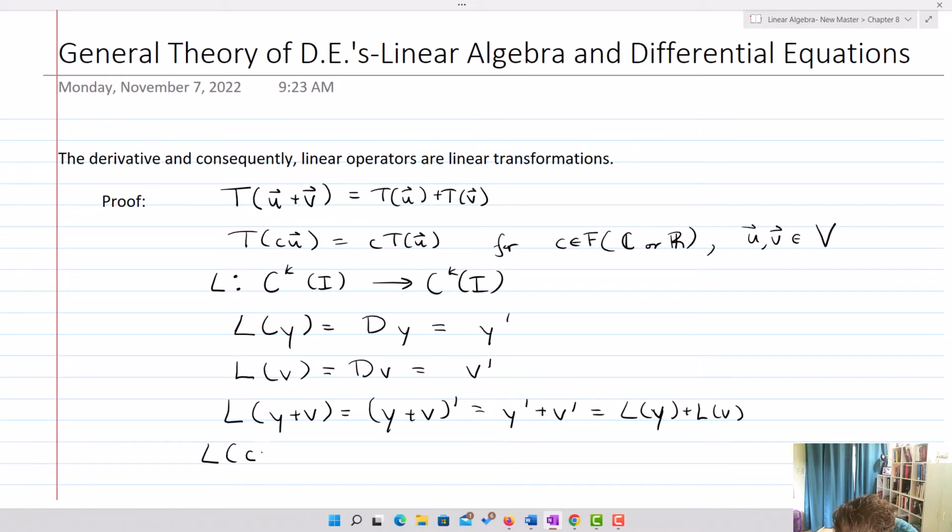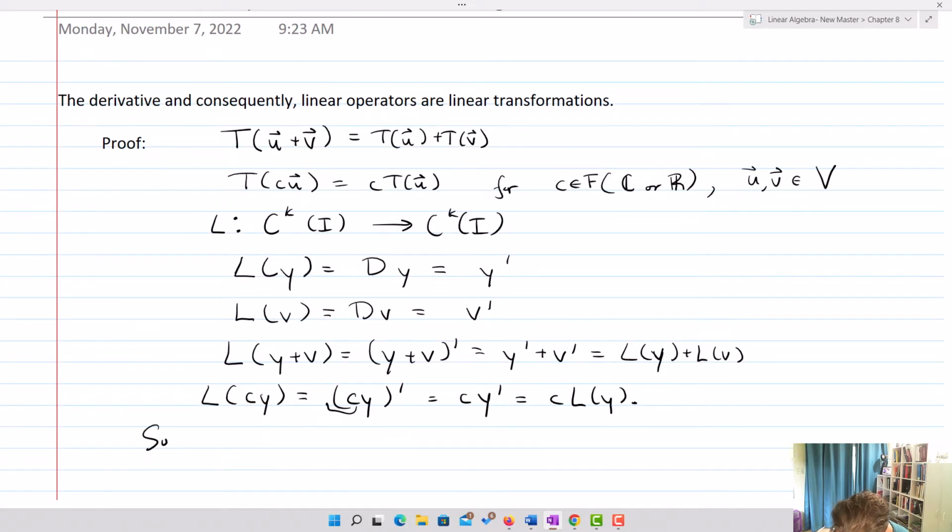So we have L of cy, and that's going to equal c y prime, because you could take the scalar out and then take the derivative of y afterwards, and everything's fine. Remember, those rules of derivatives actually allow us to do that. And so this is then c L of y. So this particular linear operator is a linear transformation.